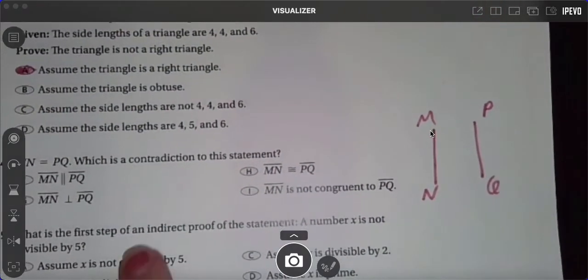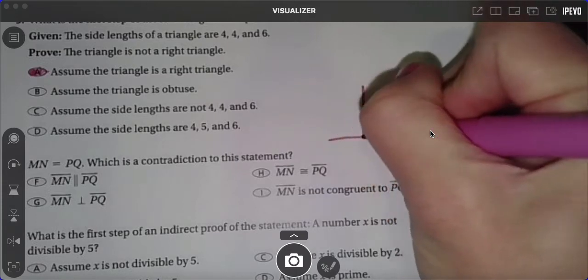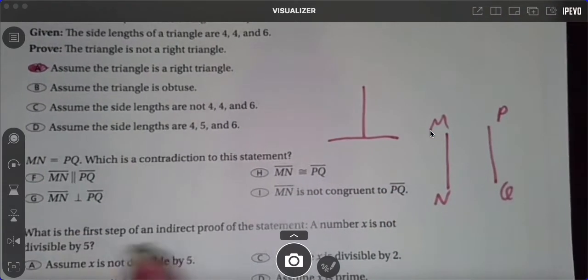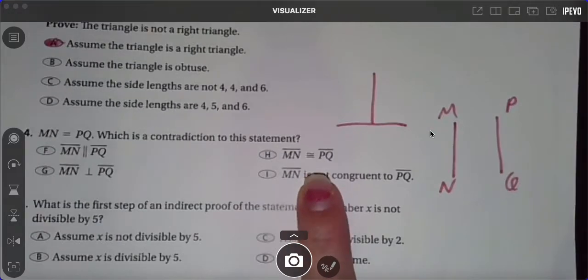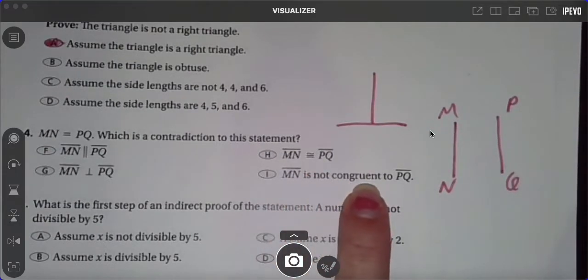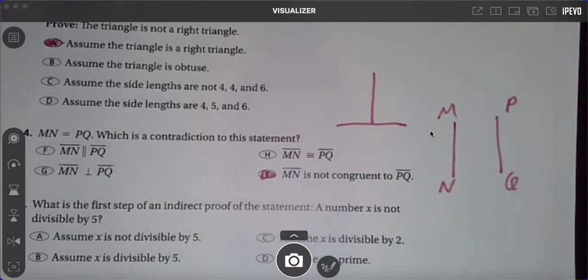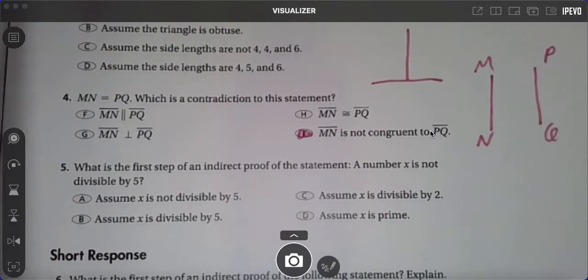Can they be perpendicular? I could draw two things that are the same length that are perpendicular, right? Are they congruent? That's what equal means, that they're congruent. So MN is not congruent to PQ. That's the complete opposite of what we just said, so it contradicts it. It's basically like English class.